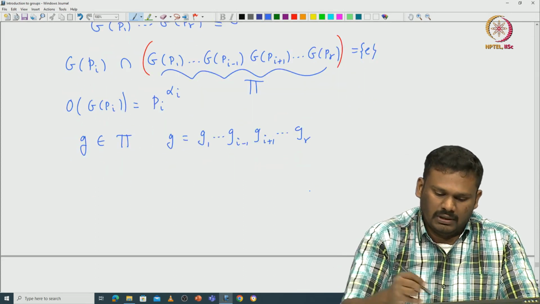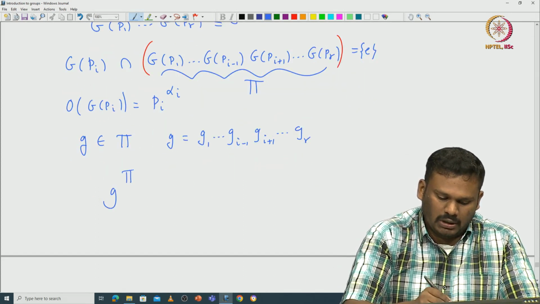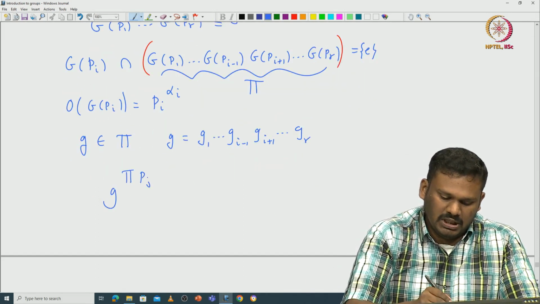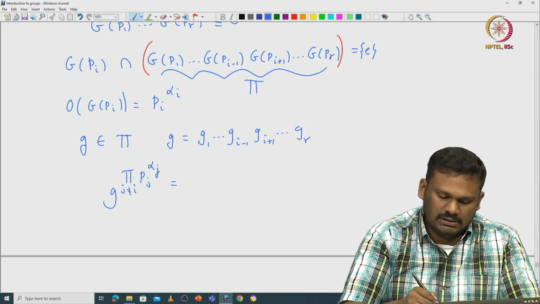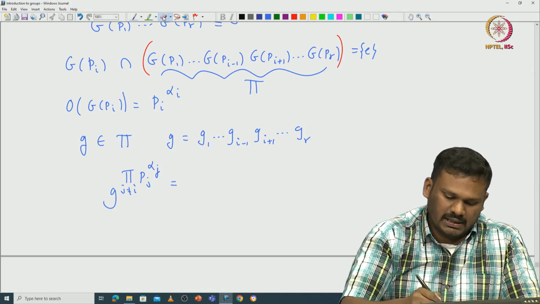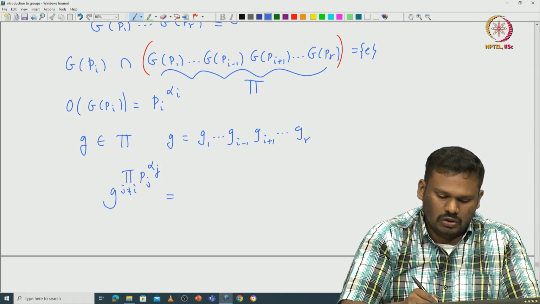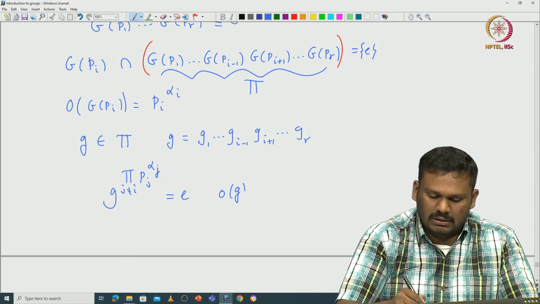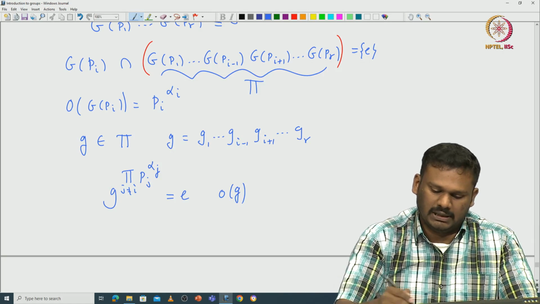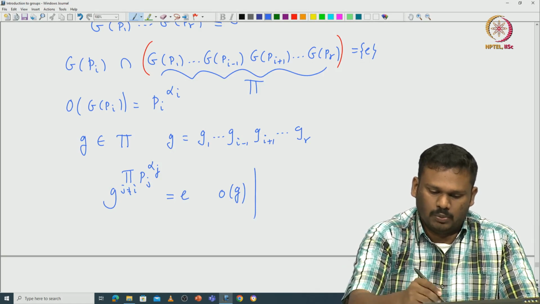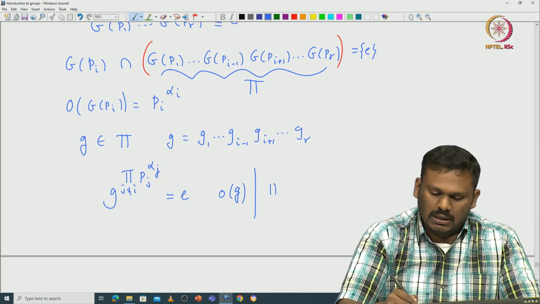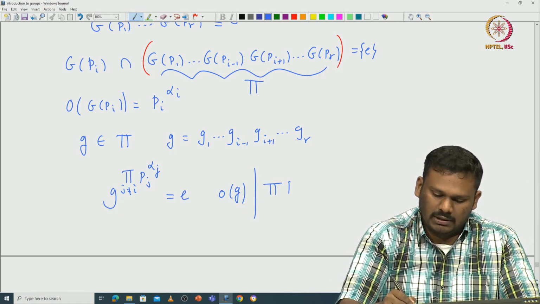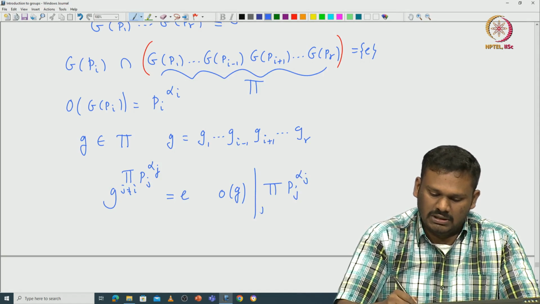Now if you raise this G to the power of the product of all Pj, j not equal to i, power alpha j, then you can see that this is going to be exactly equal to identity. That means whatever the element G, the order of G from this product is going to divide this product of Pj power alpha j, j not equal to i.